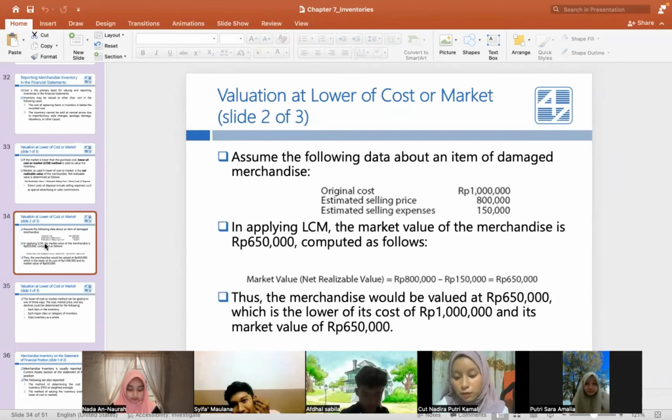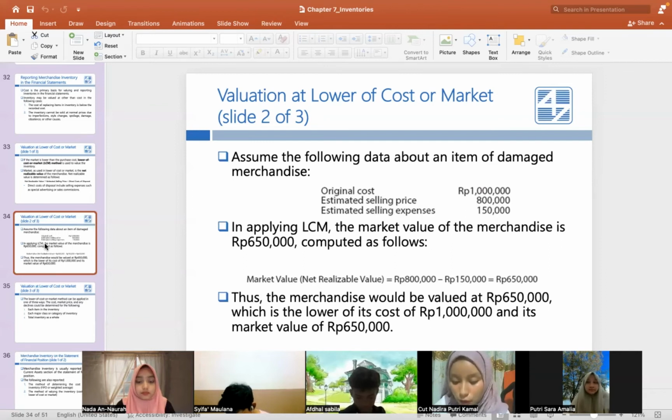valuation at lower of cost or market. Assume the following data about an item of damaged merchandise. The first one is original cost, 1 million rupiah, and estimated selling price 800,000, and estimated selling expenses 150,000. In applying LCM, the market value of the merchandise is 650,000, computed as follows.